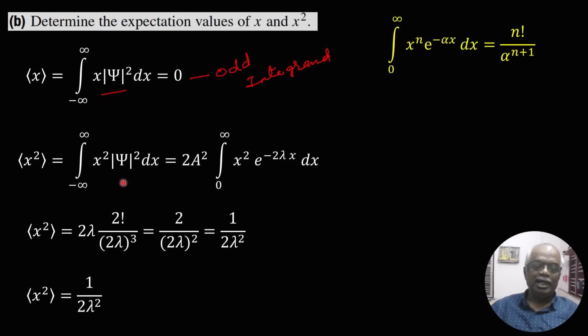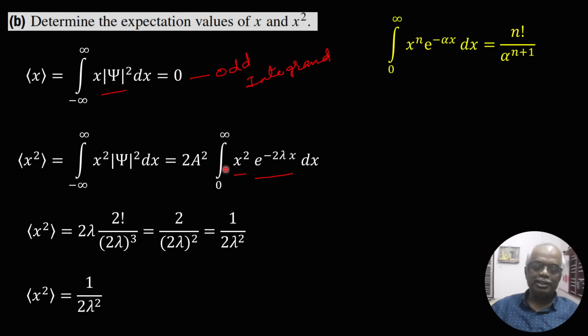But what I am going to do is take only the positive direction, 0 to infinity. Naturally, one multiplication factor 2 comes here. So this is 2 A squared, the square of this wave function, so this will become e to the power minus 2 lambda x. Of course, you have this x squared and dx.